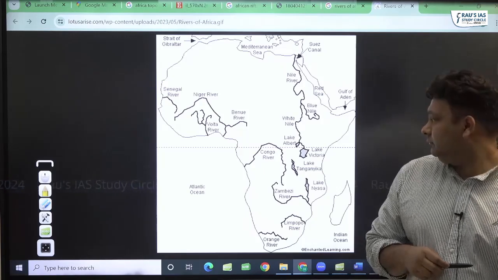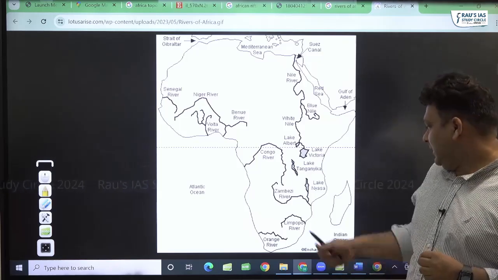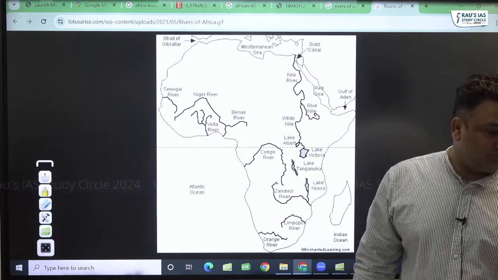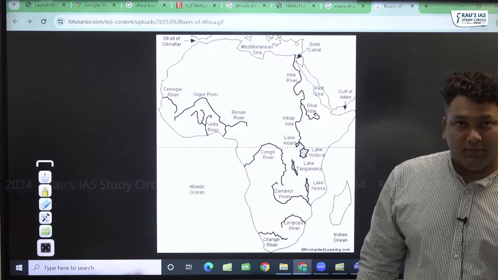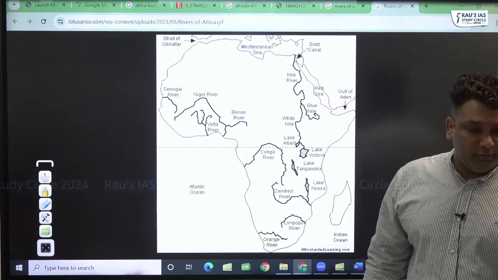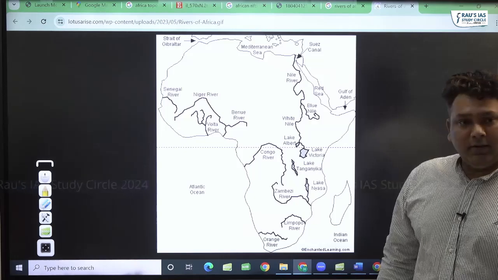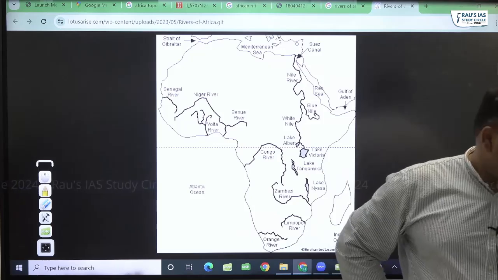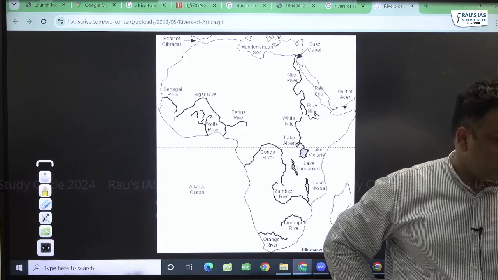Next, the Limpopo River. Again, not that important. You can write one more point: Limpopo and Zambezi flow into the Indian Ocean.